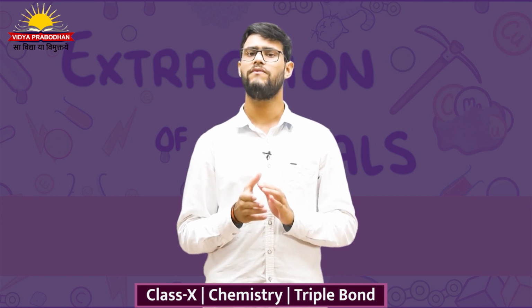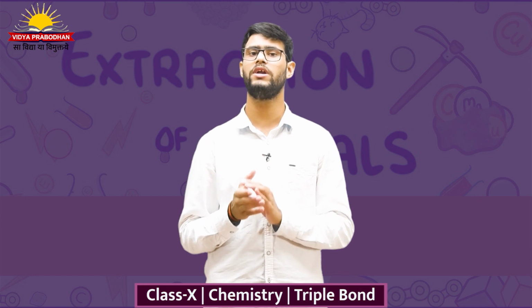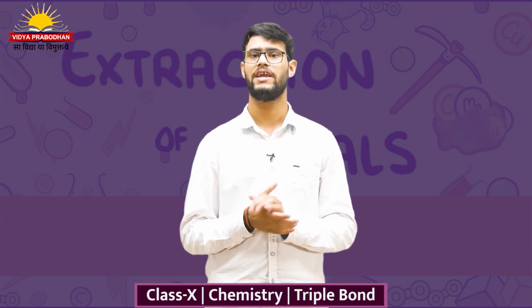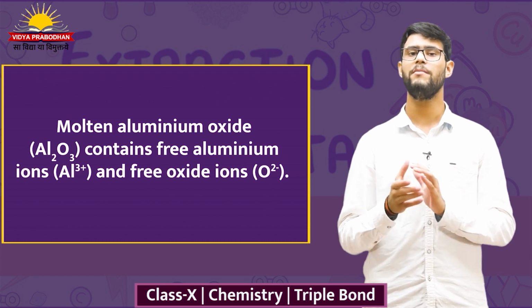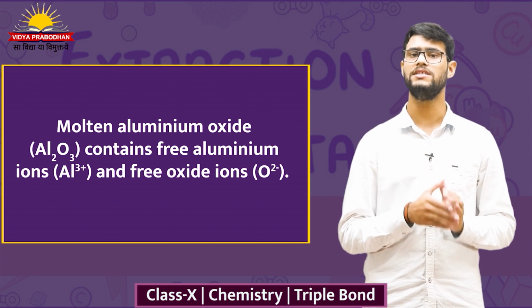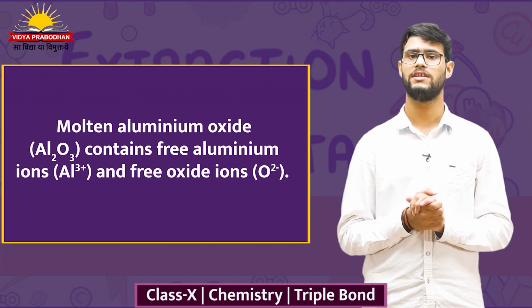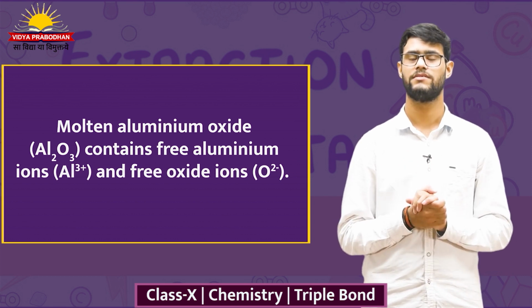The formation of aluminium and oxygen by the electrolysis of molten aluminium oxide can be explained as follows. Molten aluminium oxide, that is Al2O3, contains free aluminium ions, that is Al3+, and free oxide ions, that is O2-.